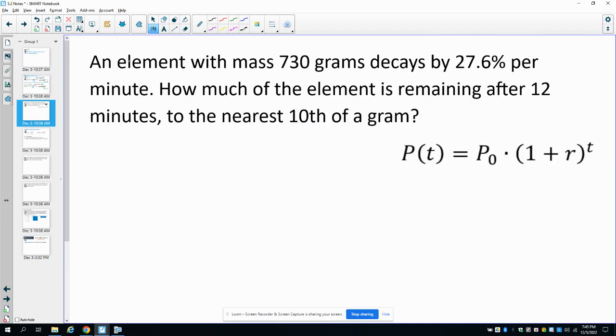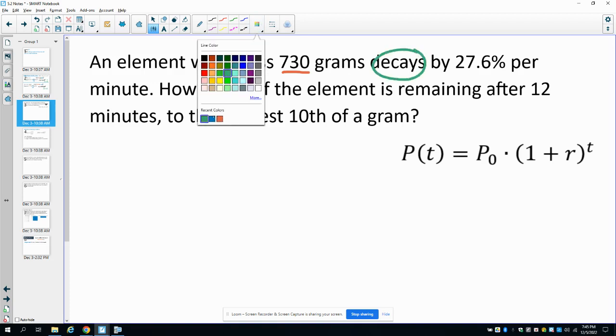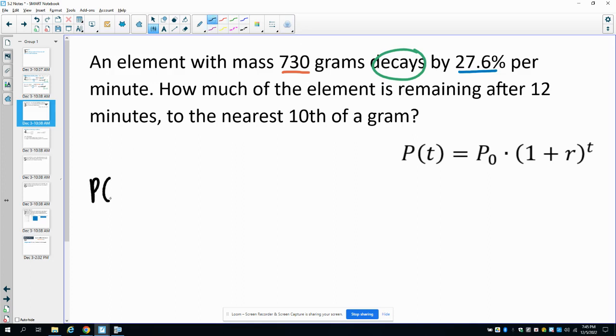All right, looking at this word problem, it says an element has a mass of 730 grams, and it's going to decay by 27.6% per minute. How much of the element will be remaining after 12 minutes to the nearest tenth? We'll want to write an equation first, and then plug in the minutes.